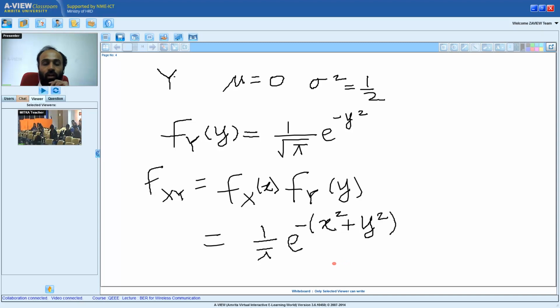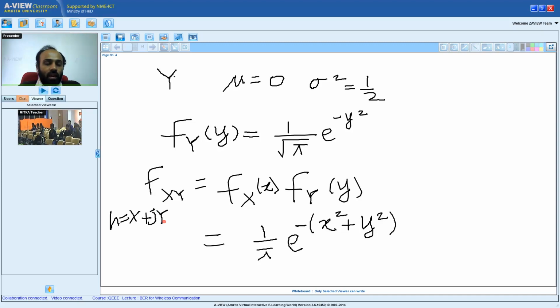So it is 1 over pi e raised to minus x square plus y square. Okay, so that is the joint distribution. Let me summarize. We said h is equal to x plus jy, which is the fading coefficient.